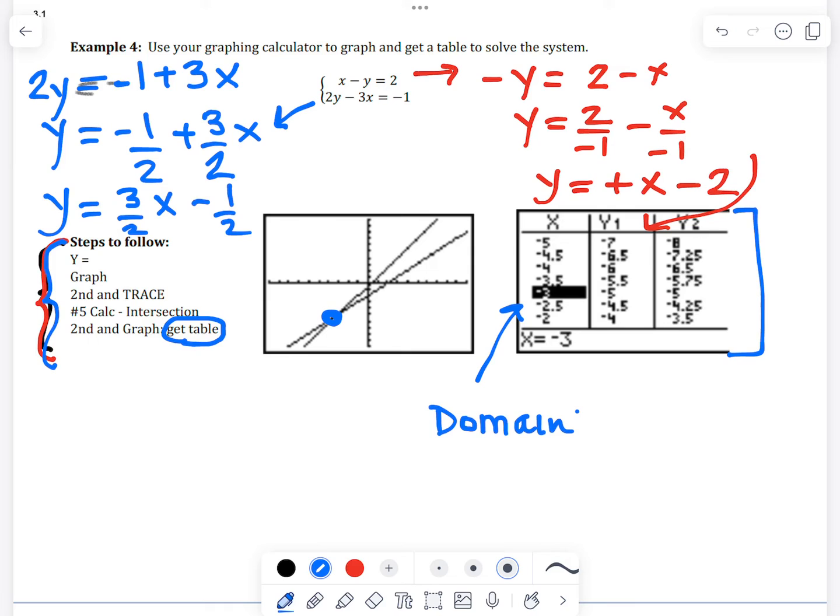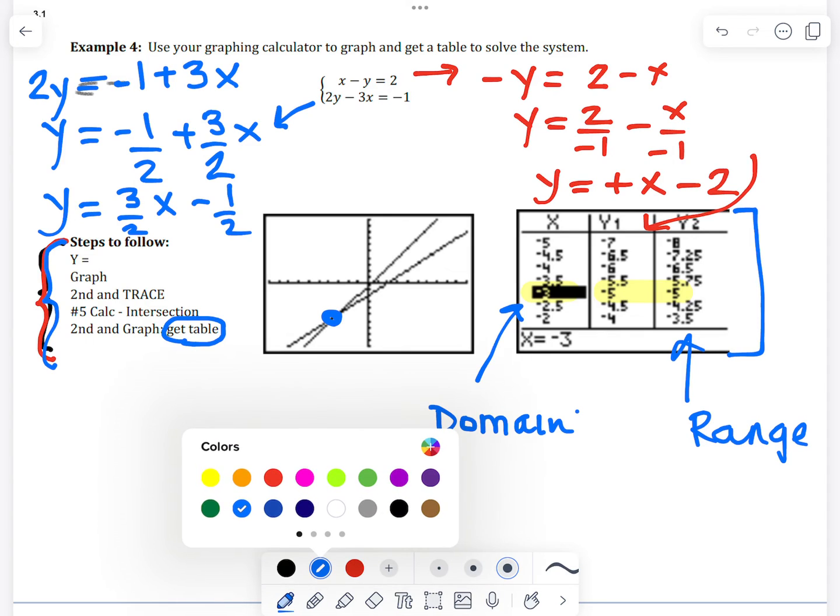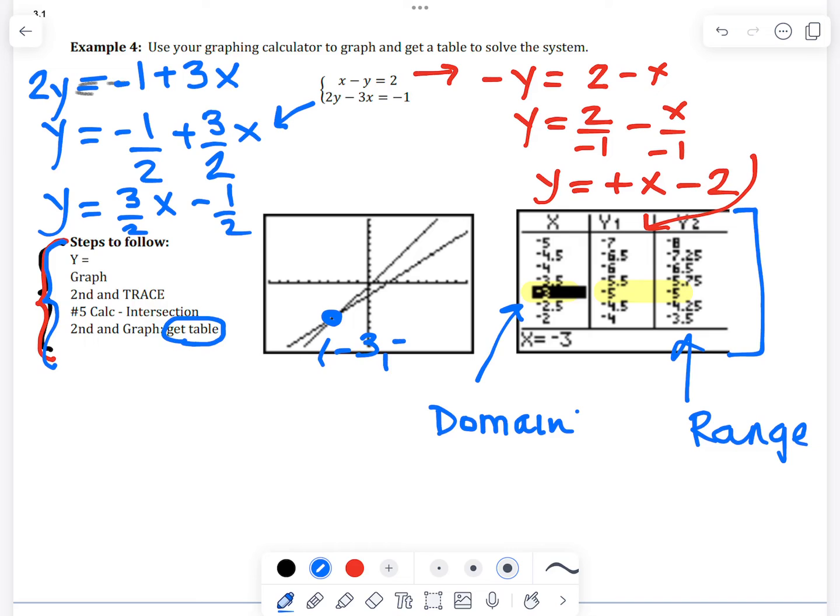And then this is the range of the second equation. And what we're looking for is, where do the ranges match up? Where are they the same? So if we look right here at -5 and -5, their y values are the same, and the x is -3. So that's telling us where they intersect. So that ordered pair is -3, -5, which will be the solution to that system.